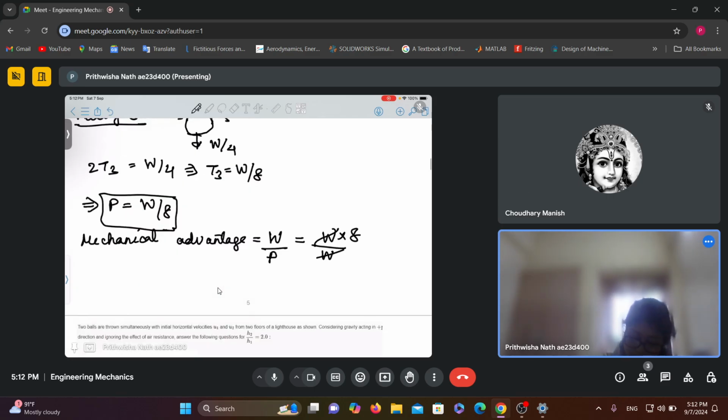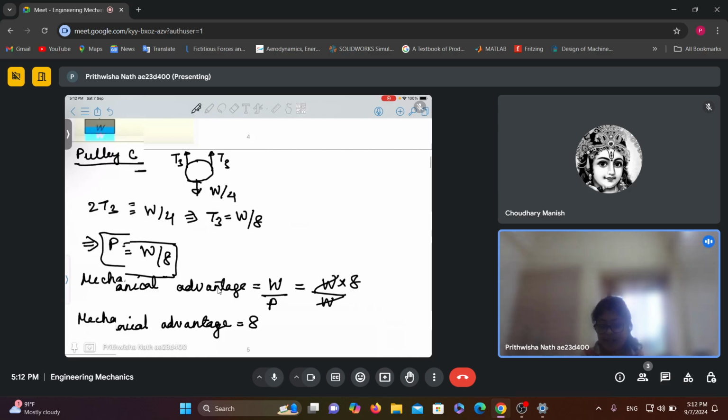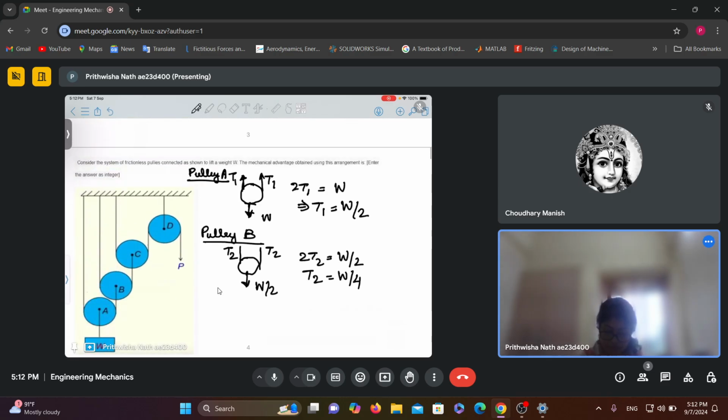So the mechanical advantage is 8. Is there any doubt regarding this problem? You can tell me if you have a doubt.